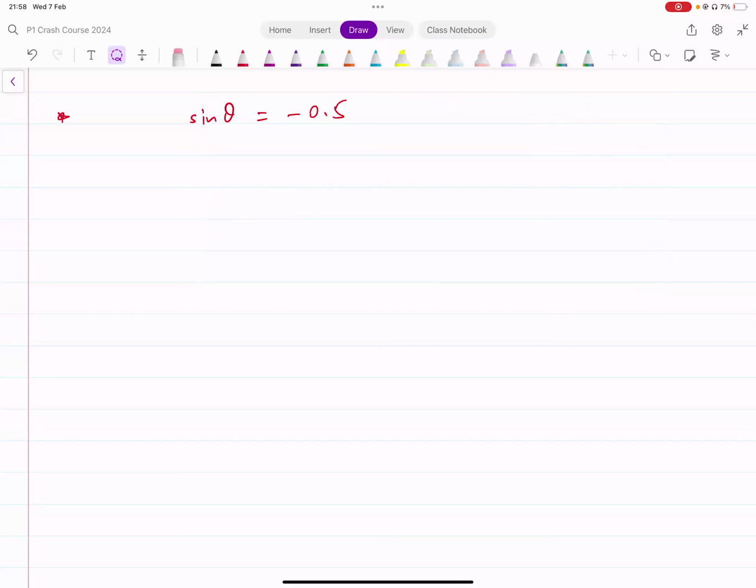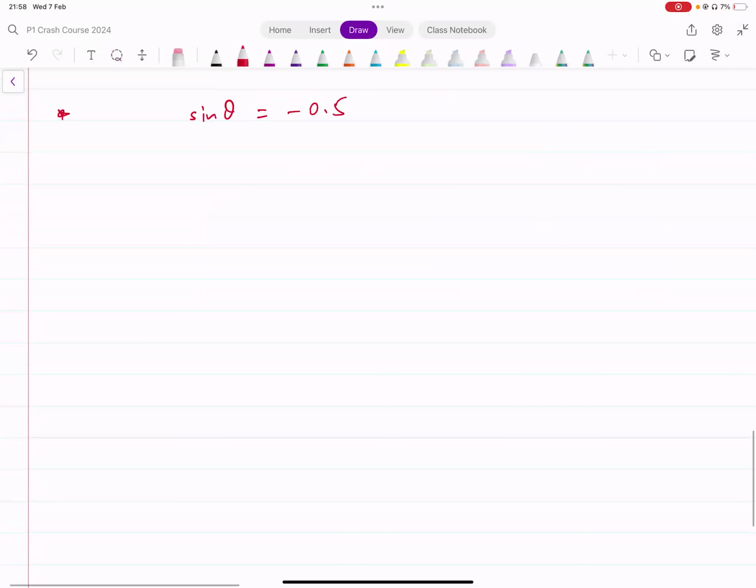Let's understand this process. Now, since equations like these can have infinitely many possible answers, whenever you have to solve such an equation, they would almost always give you some kind of an interval. So for example, in this question, they might give you that theta is supposed to be between 0 degrees and 360 degrees. Now what that means is you're only looking for those values of theta that fall within this interval.